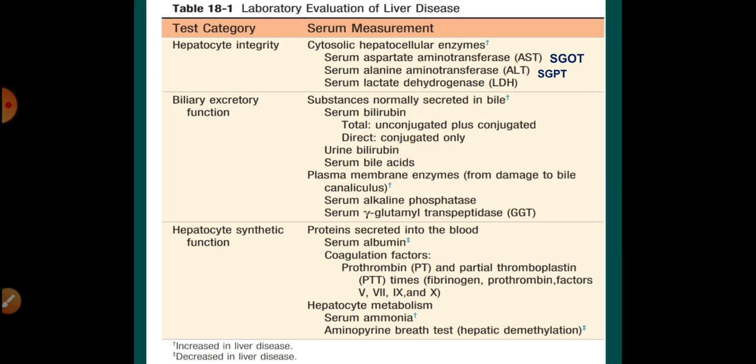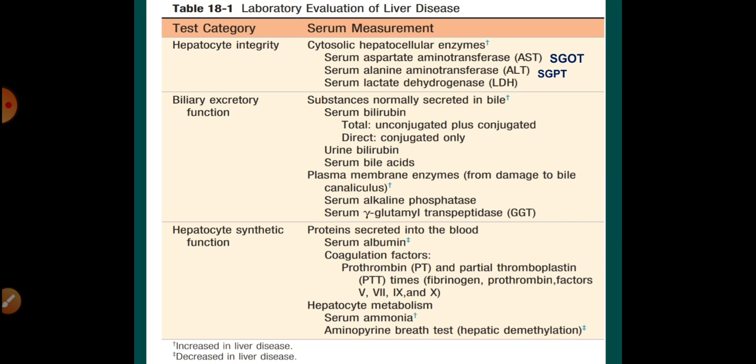Coming to laboratory evaluation of the liver diseases. The laboratory evaluation of the liver can be done by investigating the integrity of the hepatocyte, by investigating the excretory function of the liver, and by investigating the hepatic synthetic function of the liver cells. These are serum tests and they are called liver function tests.